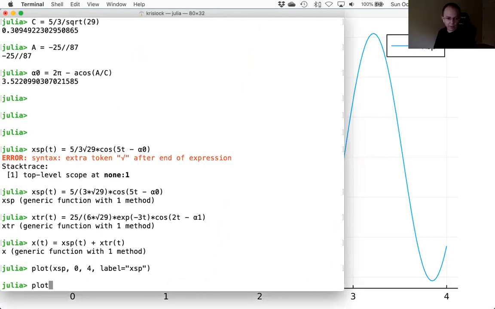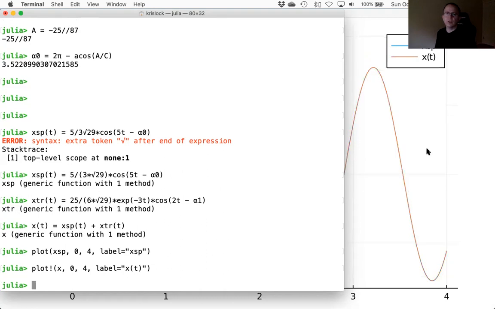Okay, and now we'll add to this plot the plot of the function itself. So x from 0 to 4, and the label is going to be x of t. I feel like I should have changed that other one then. Yeah, let me do this again.